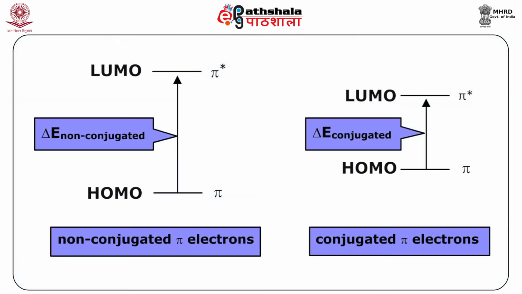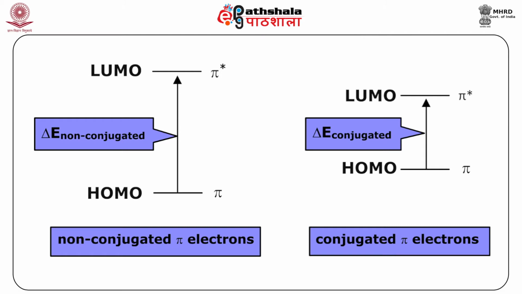Now, when two or more chromophores are conjugated, the absorption maxima is shifted to a larger wavelength or a shorter frequency. Conjugation increases the energy of HOMO, that is highest occupied molecular orbital, and decreases the energy of LUMO, that is the lowest unoccupied molecular orbital.